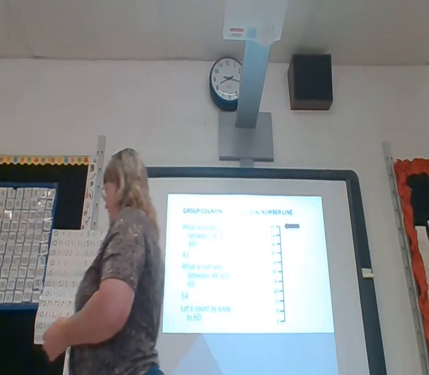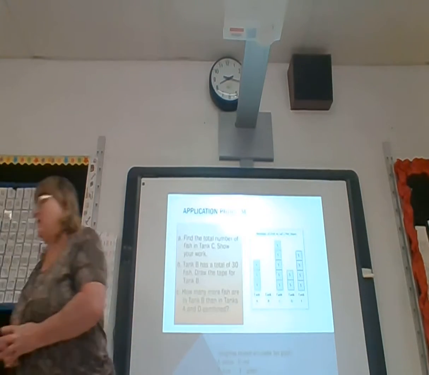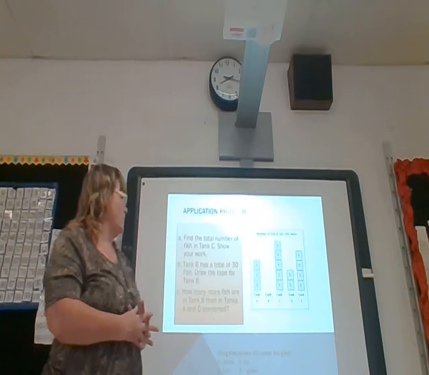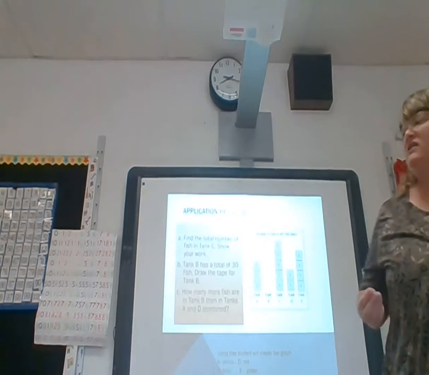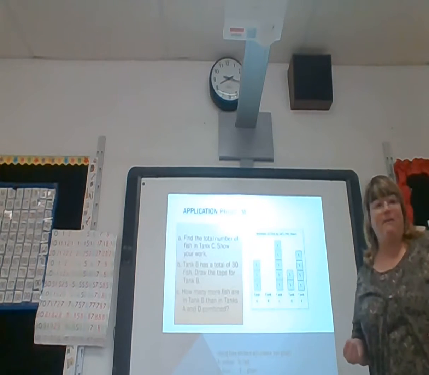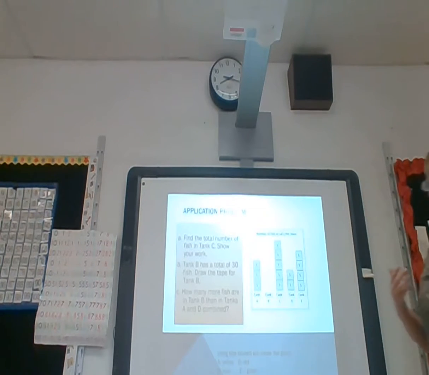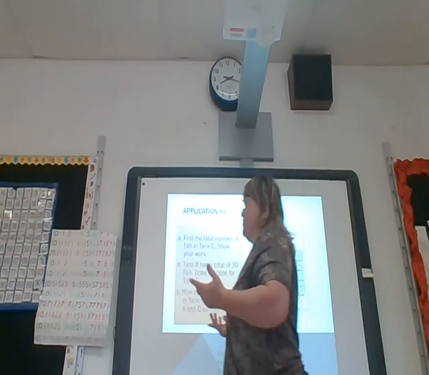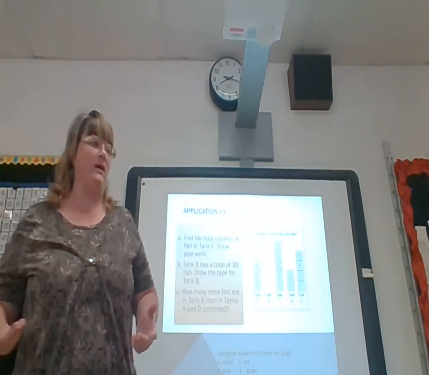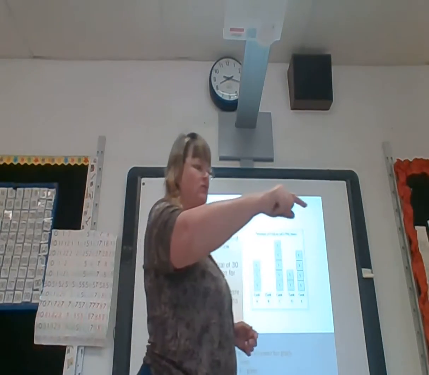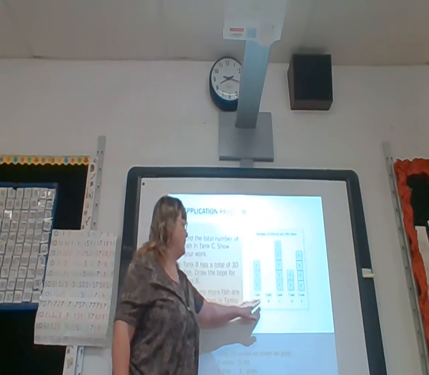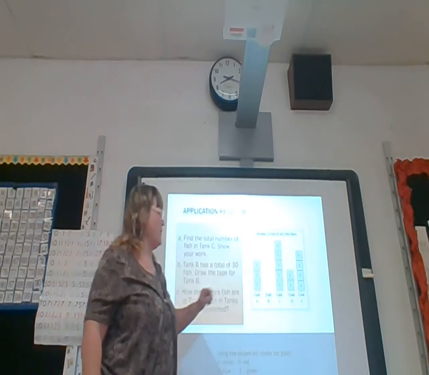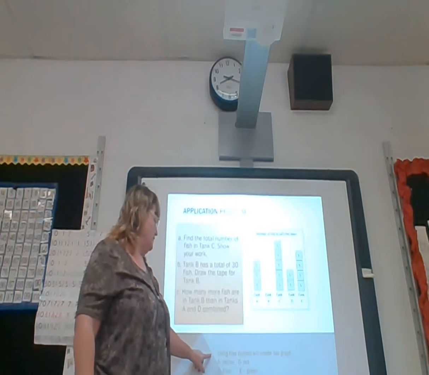Okay, let's take a look at what we have up here. Remember, our goal today is that we are working to be able to create that bar graph, and we're working to be able to explain what we're doing. So you'll find on your tables the bucket of tiles. I want you to be working as a group to create this bar graph using the tiles.